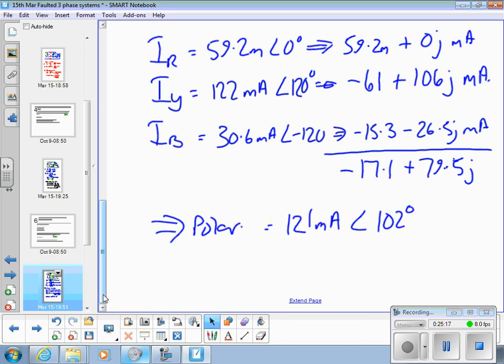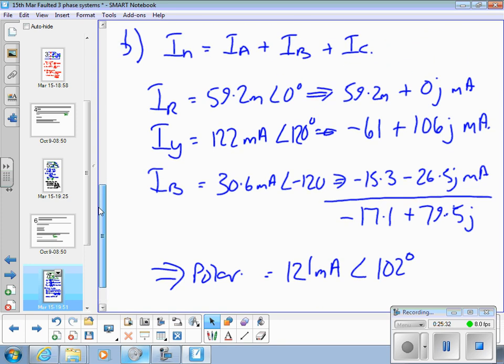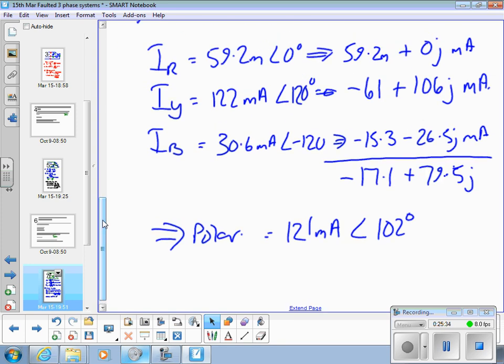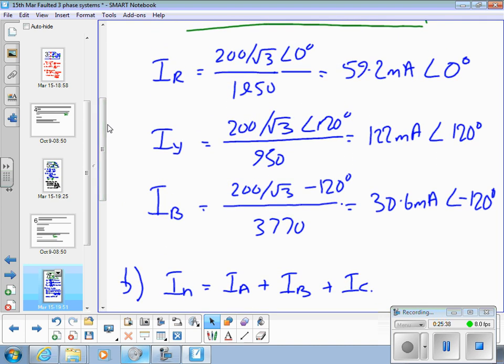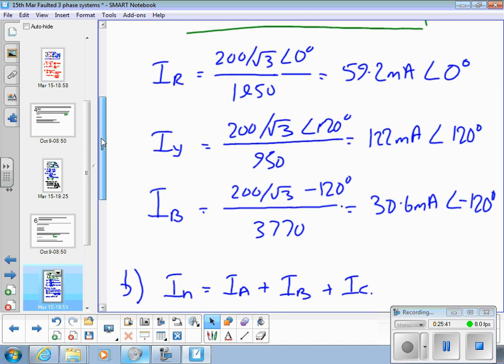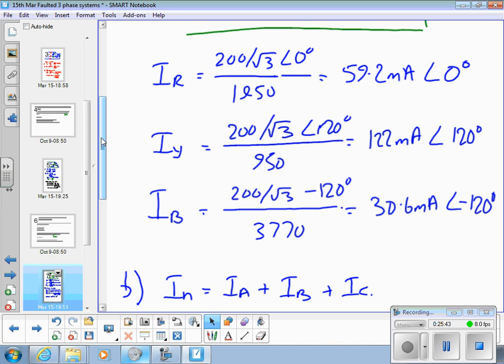That's really confusing, but we got the same milliamps. The angle will depend on which load you put at what angle, because the angle of the resultant depends on where you've put them in. I've got my 950 on plus 120.